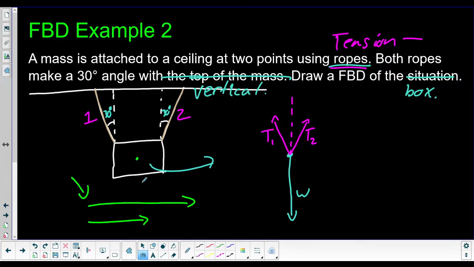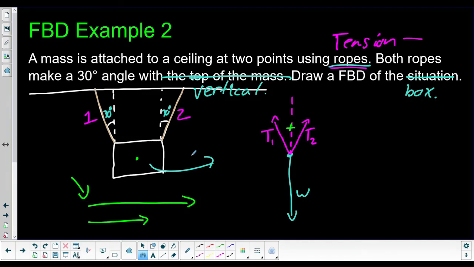It's stuck, it's suspended by these ropes. So weight's pulling down. Weight needs to be canceled out by something so that it's just sitting there. So the up bit from these two together are canceling out the weight down. If they were the same size, I'd have more up than I do down, and then that wouldn't really make sense for this situation. Okay, cool.